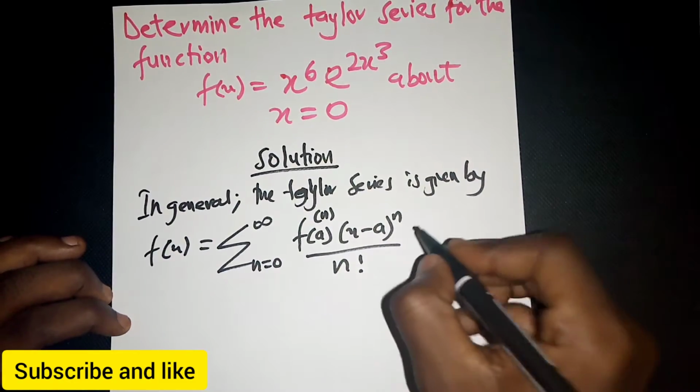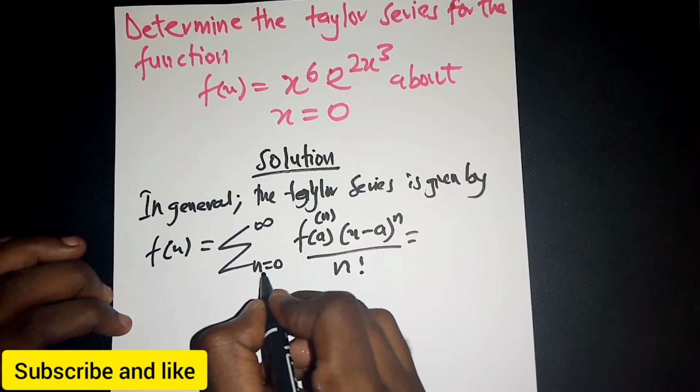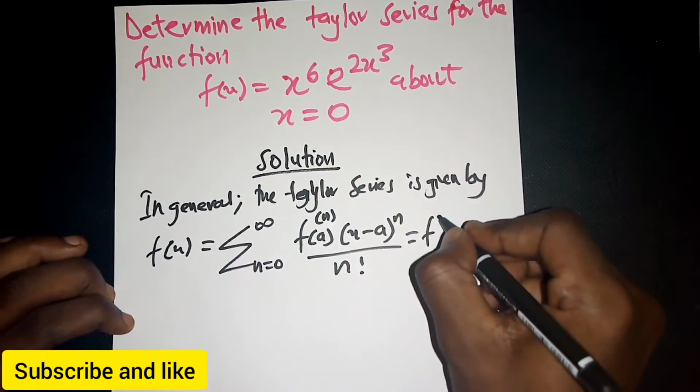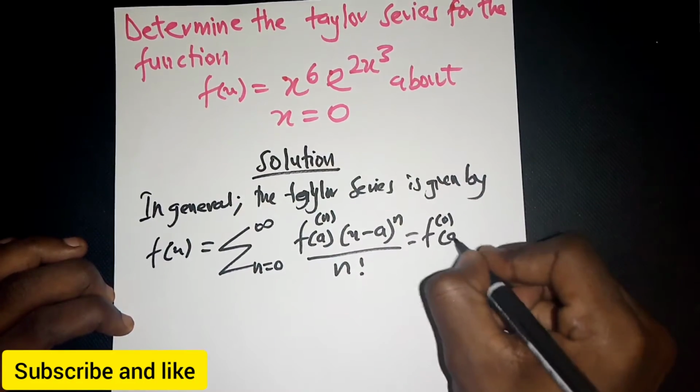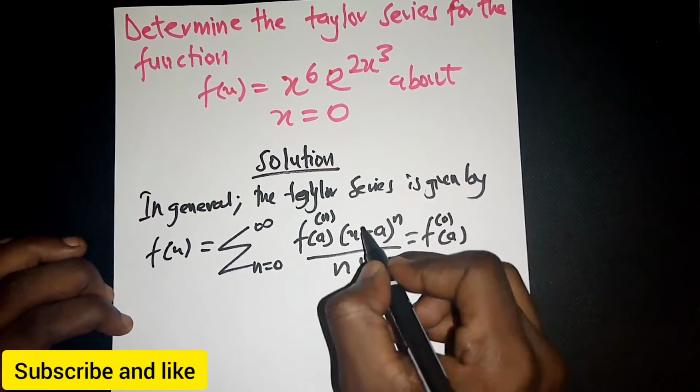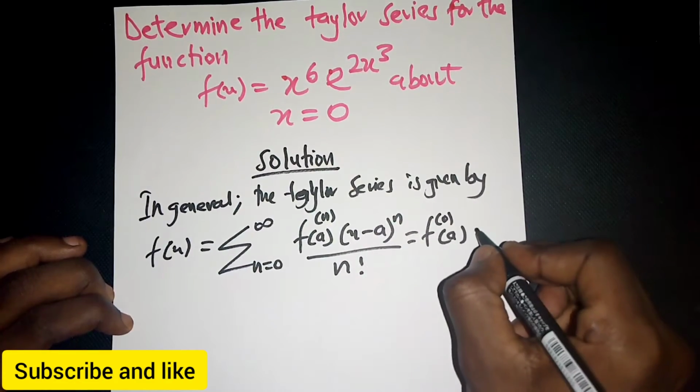And writing out the series, let's say we started from n equal to 0, then n will be 0 over here. Now if n is 0, then this goes to 1, so let's leave it this way.